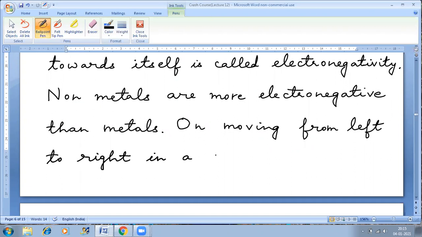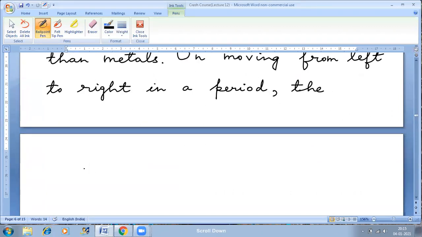On moving from left to right in a period, the electronegativity will increase because there are more non-metals towards the right hand side.